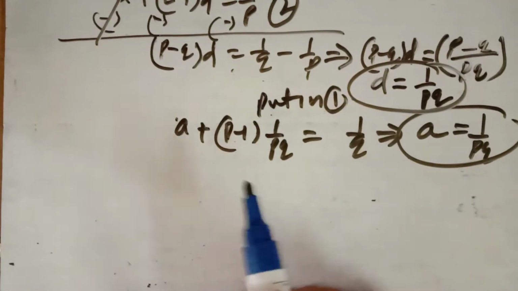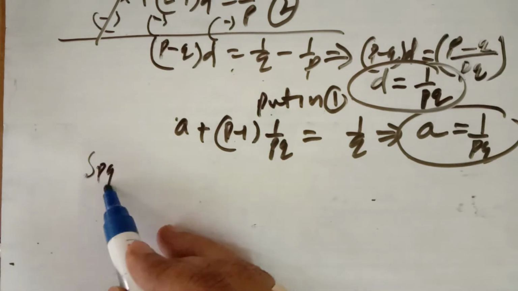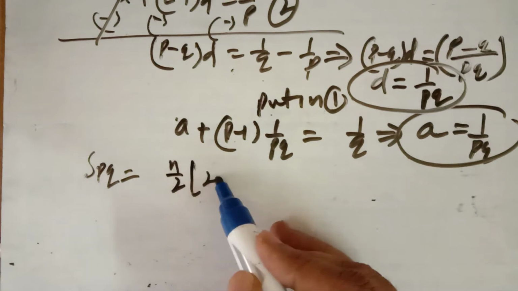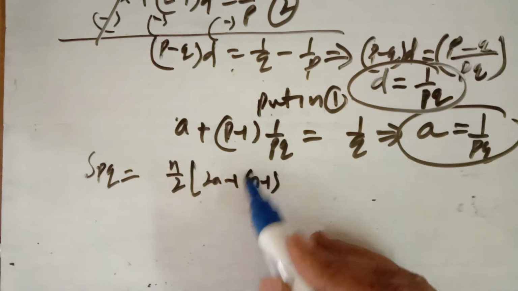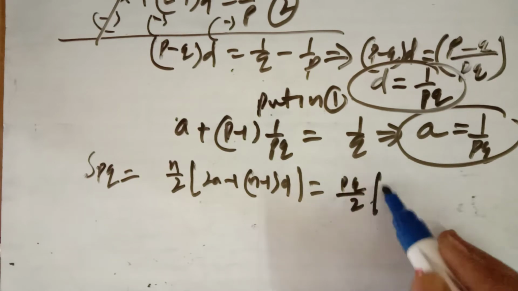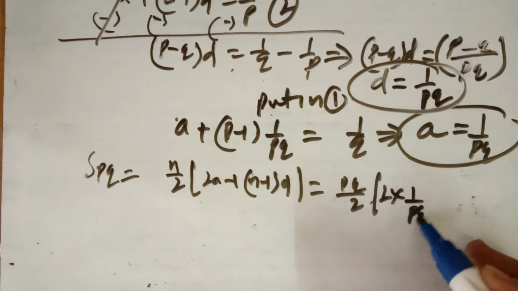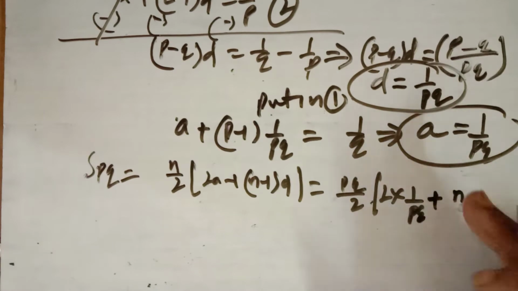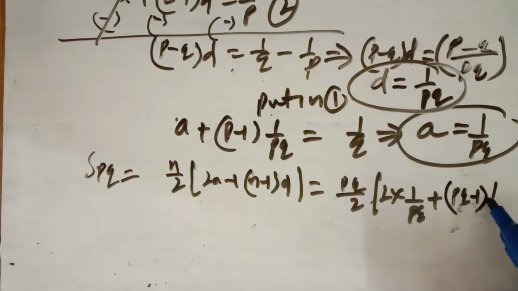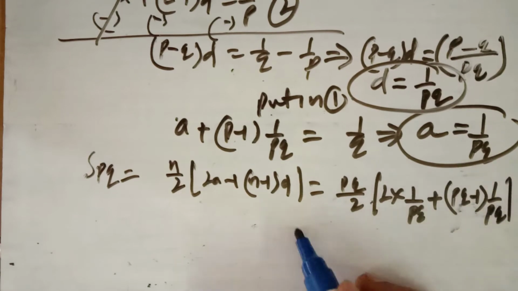And you have to find the sum of the first pq terms. So use the formula n by 2 into [2a plus (n minus 1) into d]. Replace the values of n, a and d. So n is pq, a is 1 upon pq, n is pq here, and the common difference is 1 upon pq.